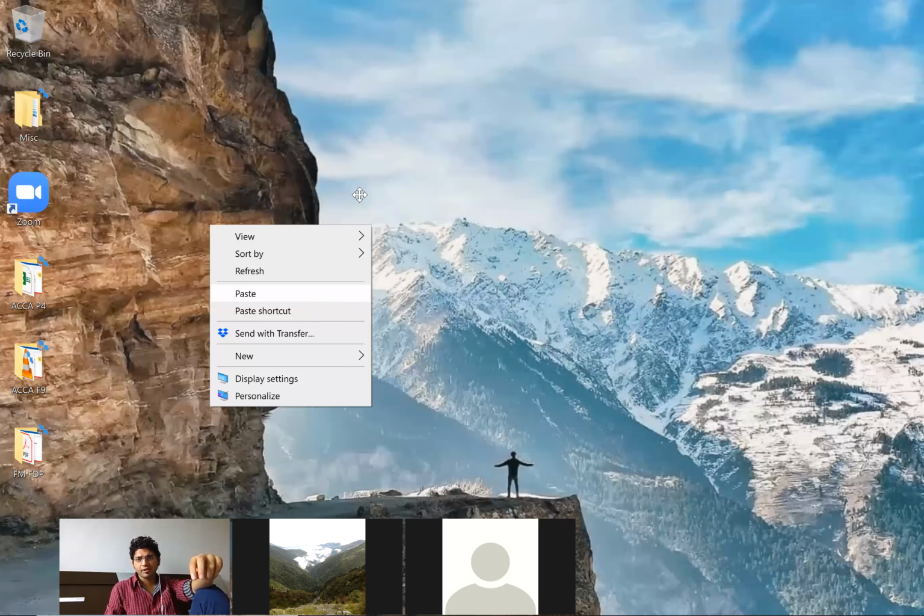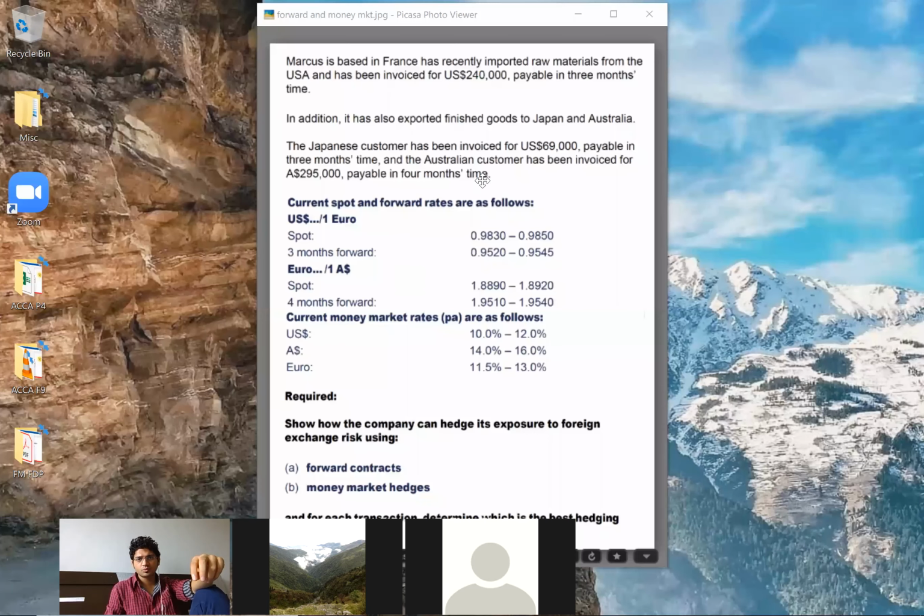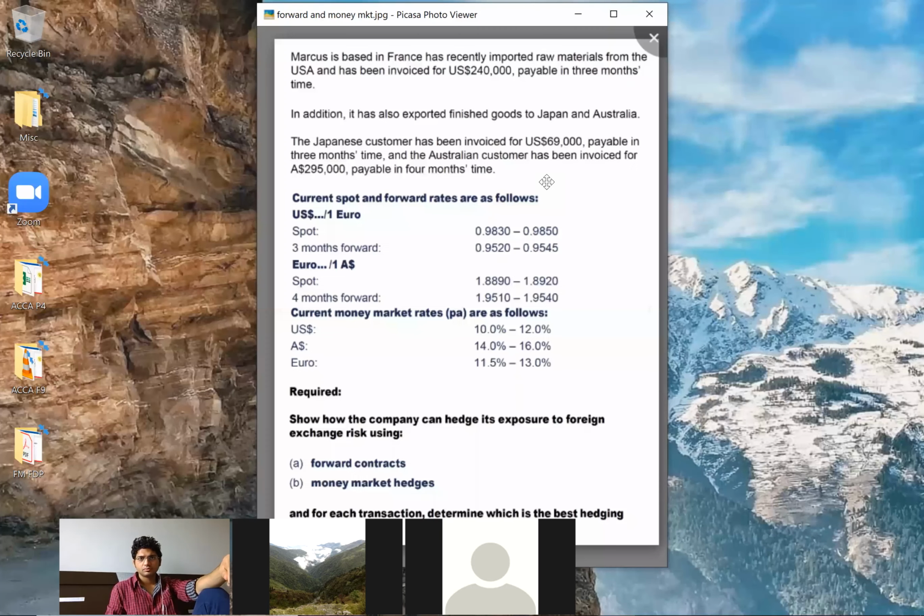I sent the file on the Zoom group chat. This is the question. They have given different transactions and different rates.